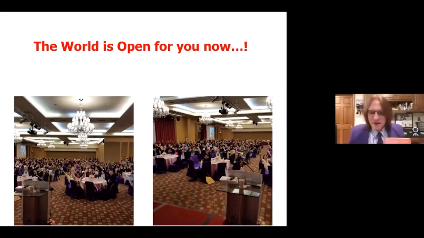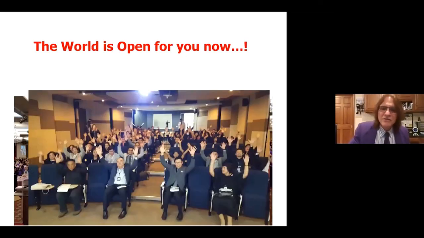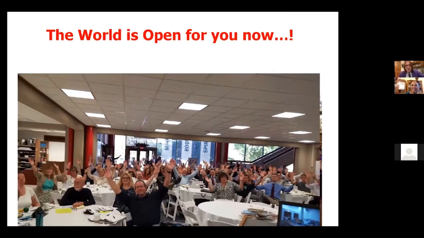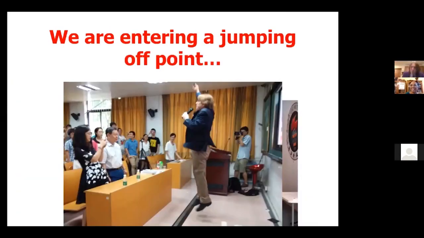Now they're doing this in Taiwan, in Bangkok, in Singapore, in Indiana, in China, all over the world. We're at a jumping off point. So can I have everybody stand up with me, and at the count of 3, jump.